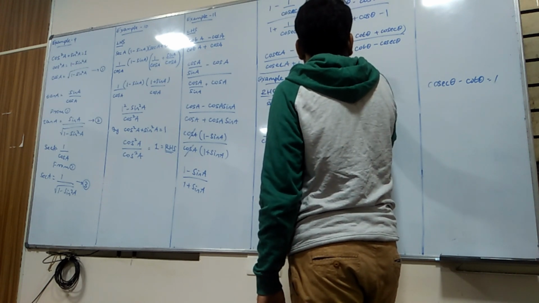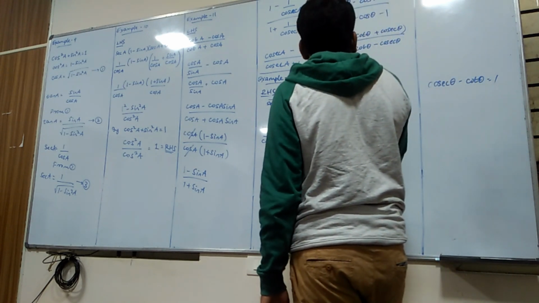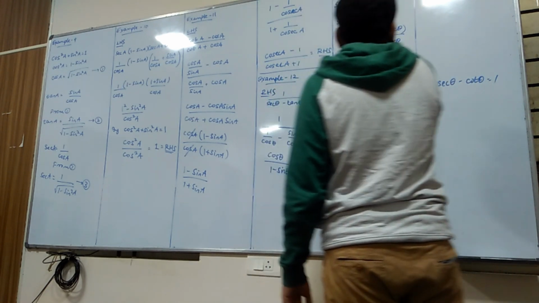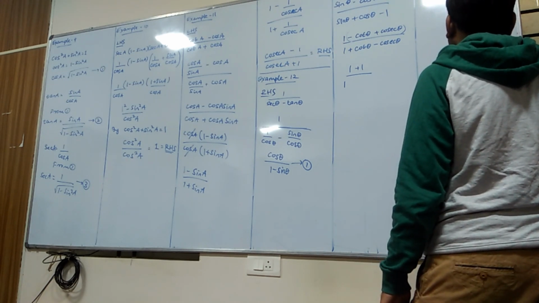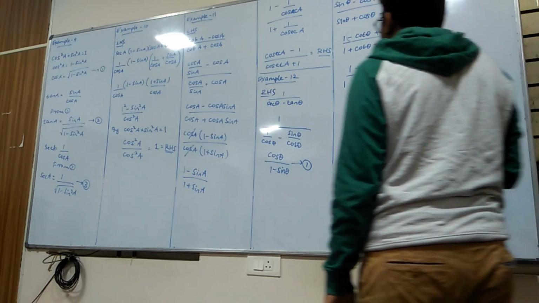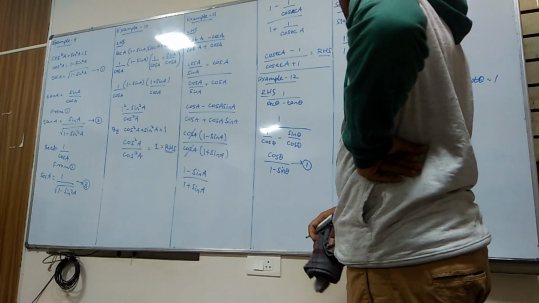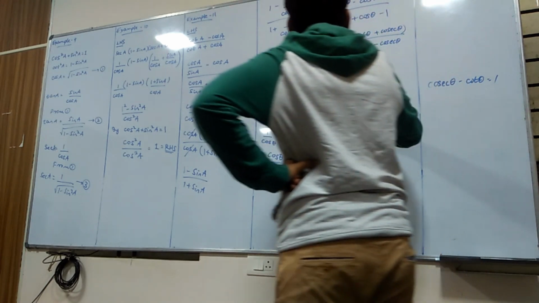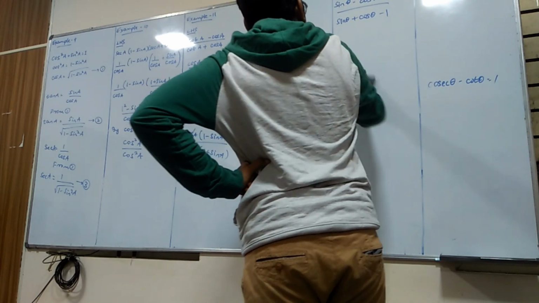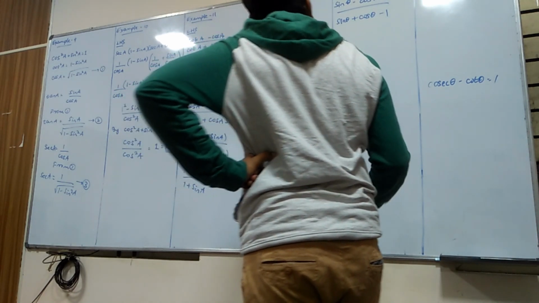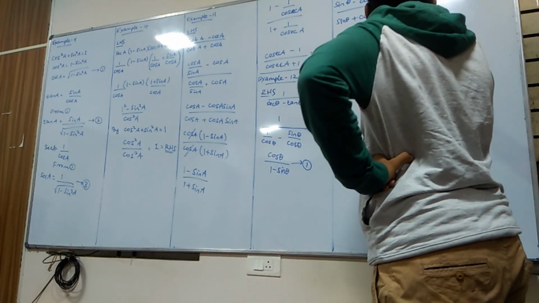So 1 plus 1 divided by, here 1 is there. No need, it's going to go to infinity now. I'll divide the entire equation by cos.